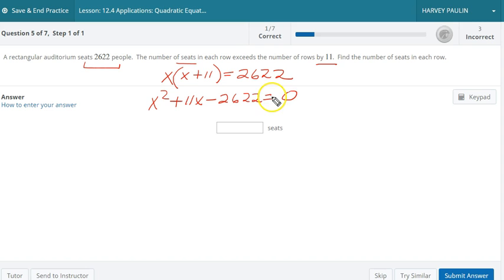Now, since this is going to be whole numbers of seats and rows, this could be factored. And you're looking for two numbers whose product differs by 11.